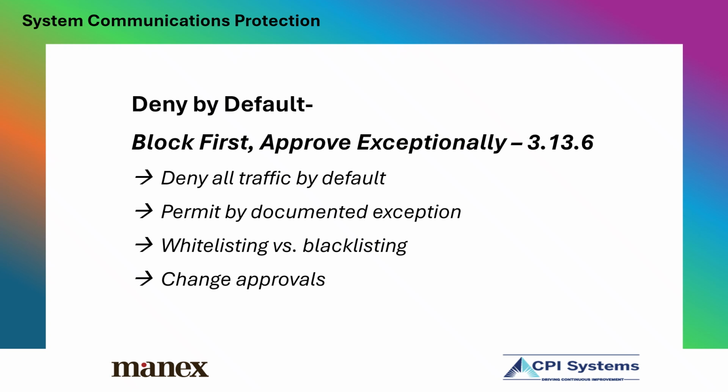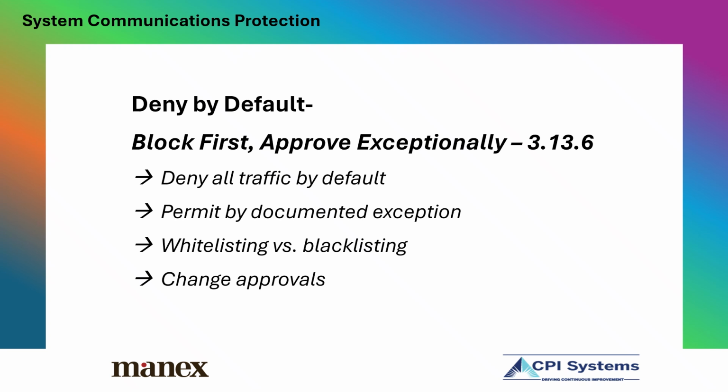Deny by default. Control 3.13.6 is about blocking traffic first and then approving by exception. Essentially, deny all traffic by default to and from outside addresses, and permit by documented exception. This is called whitelisting.